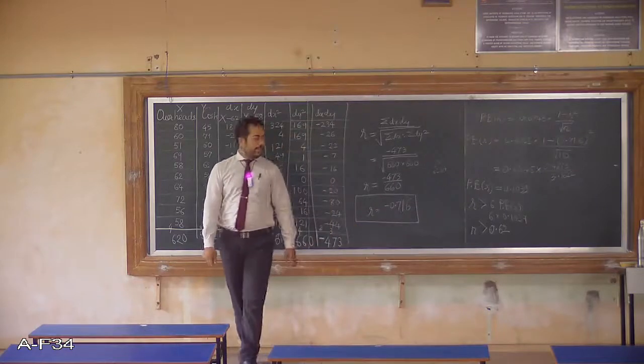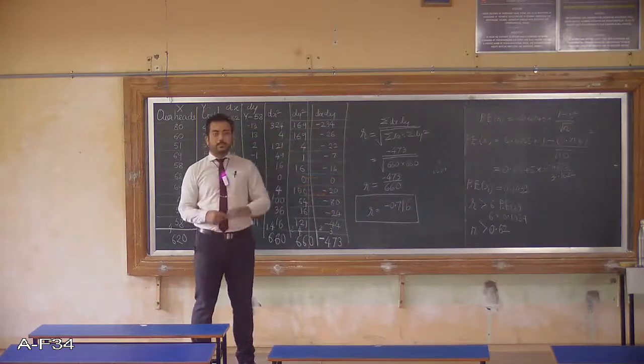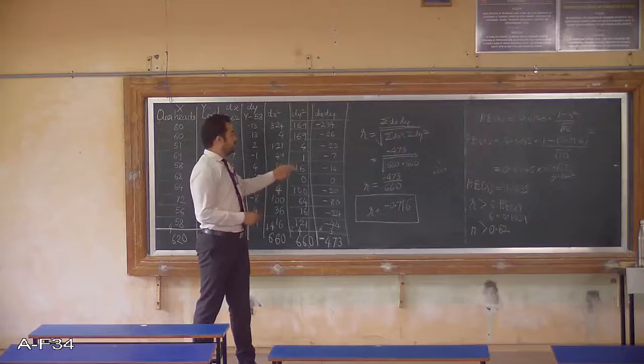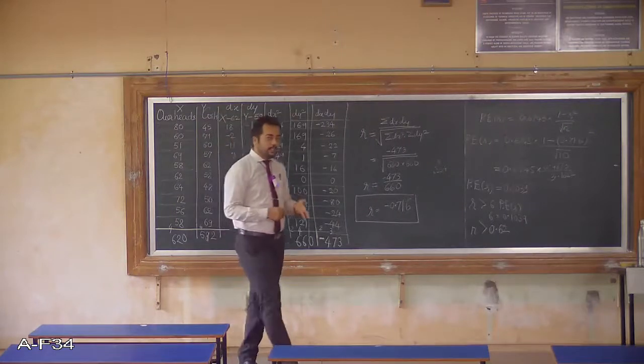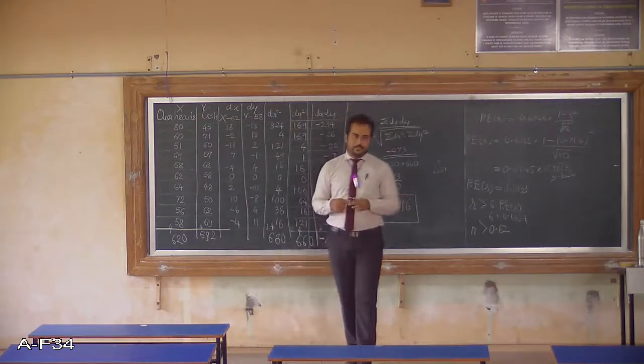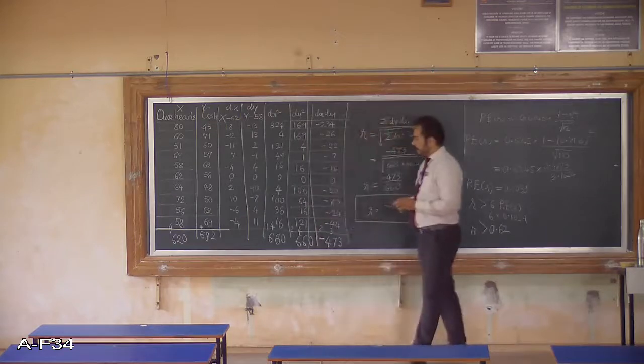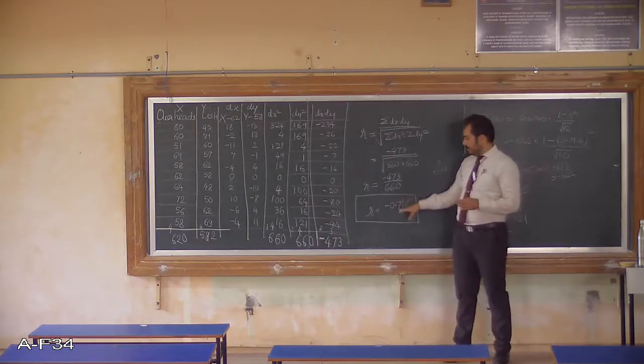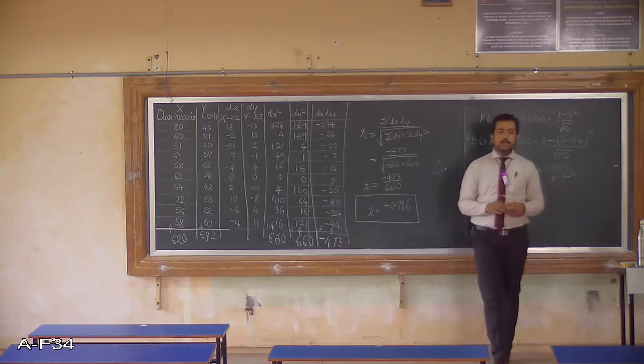So you can say it is greater than 6 times its probable error. That's why this value is highly significant. So by considering the probable error, what we have calculated is that this value is highly significant.